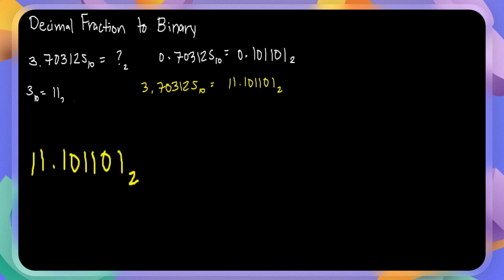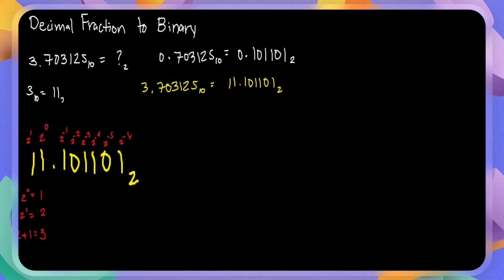So just like in the regular shortcut method, and how we got the 3 quickly, this is just 2 raised to 0 and 2 raised to 1. 2 raised to 0 is 1, and then 2 raised to 1 is 2. So 2 plus 1 is 3. It's actually the same on the fractional part, except it's raised to negative numbers. 2 raised to negative 1, negative 2, negative 3, negative 4, negative 5, and negative 6.